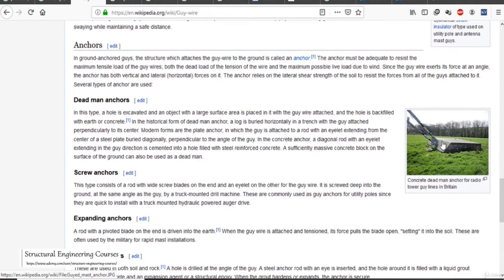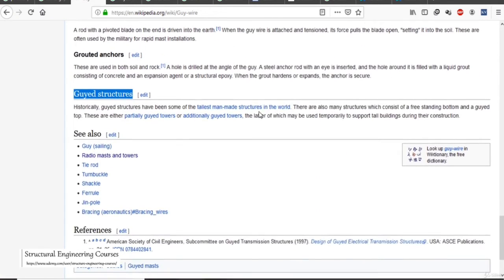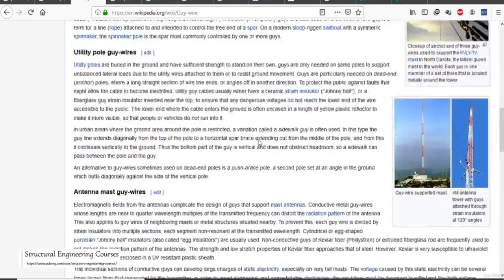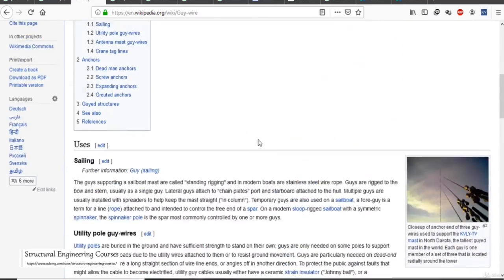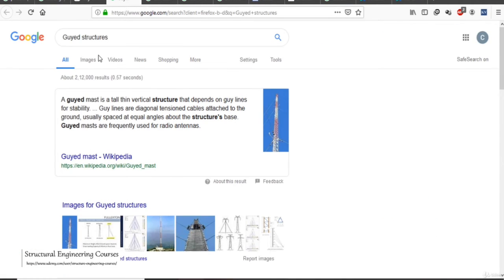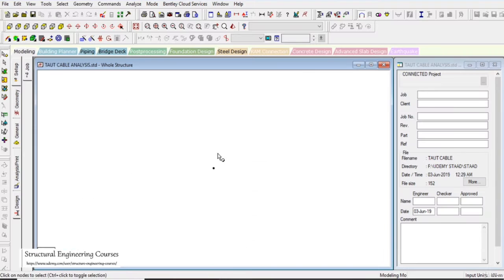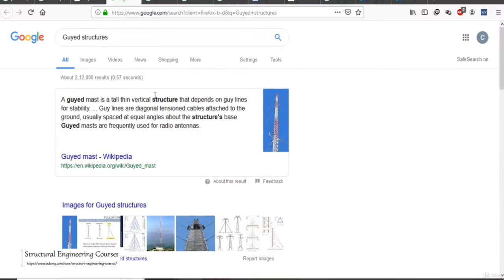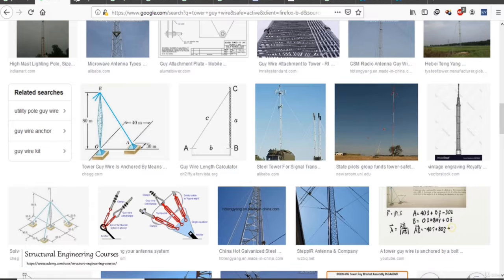I had already taught you that this is called a dead man anchor, for suspending the guy wires. If you want to go much deeper into this, you can Google guy wire and Google guyed structures.